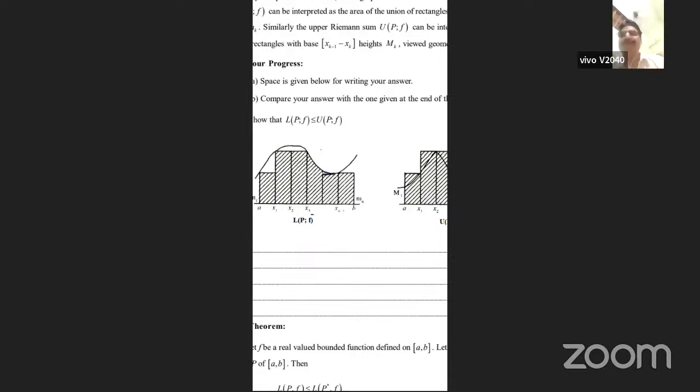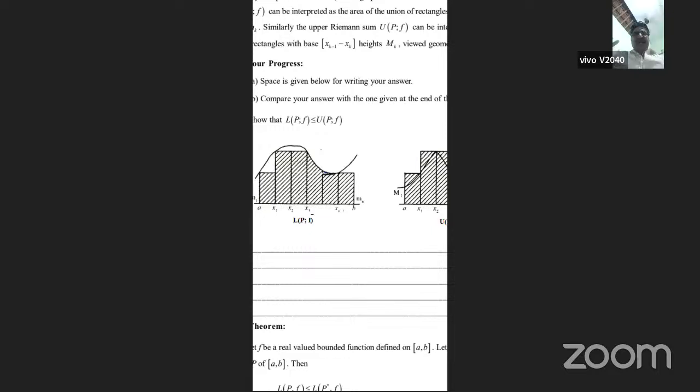Lower Riemann sum L of P, f equals summation k equal to 1 to n of small m_k del_k, that is the lower Riemann sum. Upper Riemann sum U of P, f equals summation k equal to 1 to n of capital M_k del_k. So it is clear here. Now, according to those partitions, what is the comparison between lower Riemann sum and upper Riemann sum?